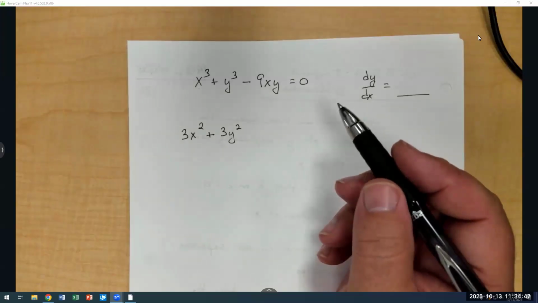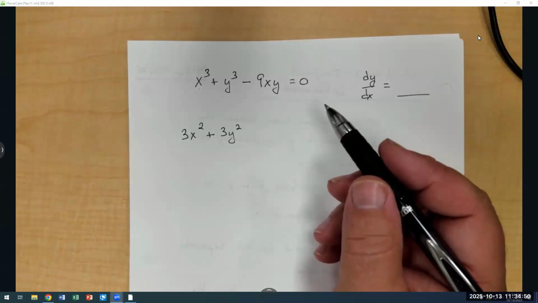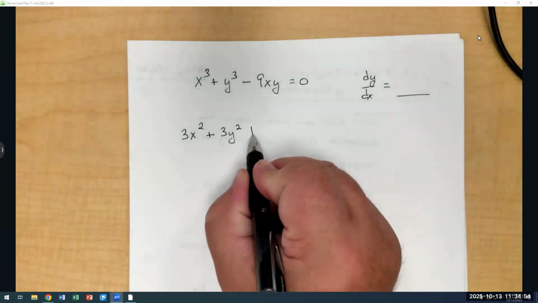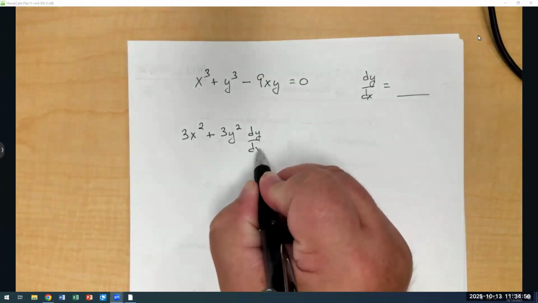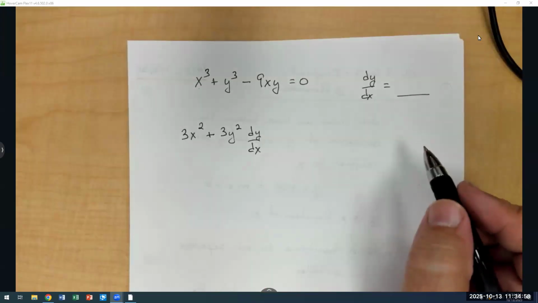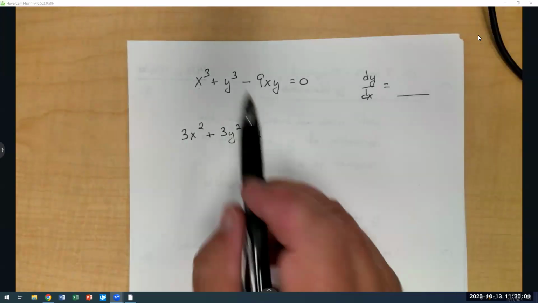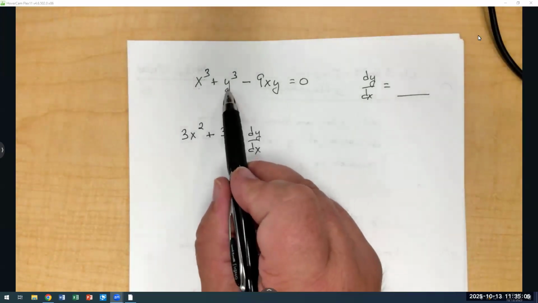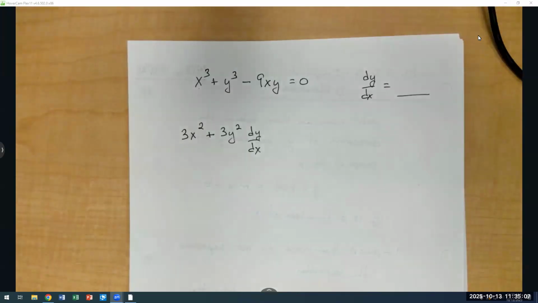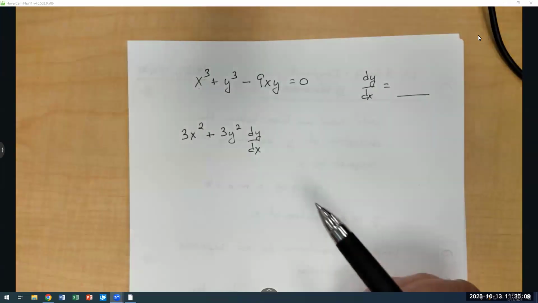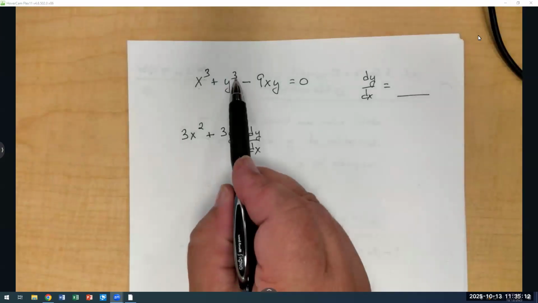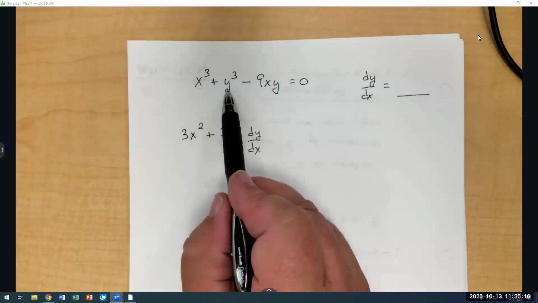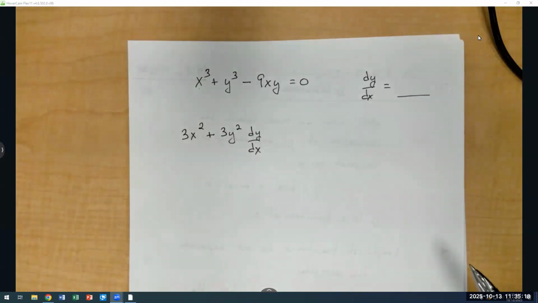Whenever you take a derivative of y, what do you have to do? I just put it up there. Look at your notes. dy dx. You have to put a dy dx behind it. Okay. Because remember, since y is a function of x, this is implicitly a chain rule. The outside function is 3y squared times the derivative of the y, which is dy dx.